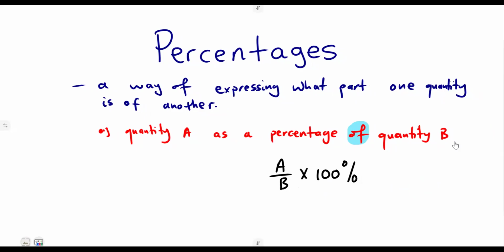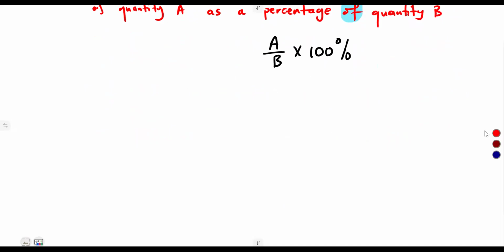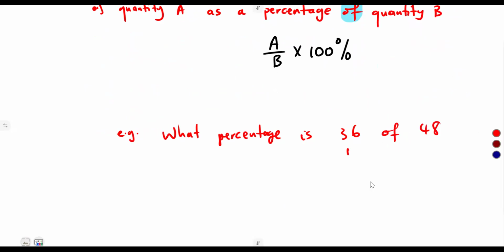Vice versa, we can have an increase or a decrease, but percentage is simply taken from there. For an example, what percentage is 36 of 48?